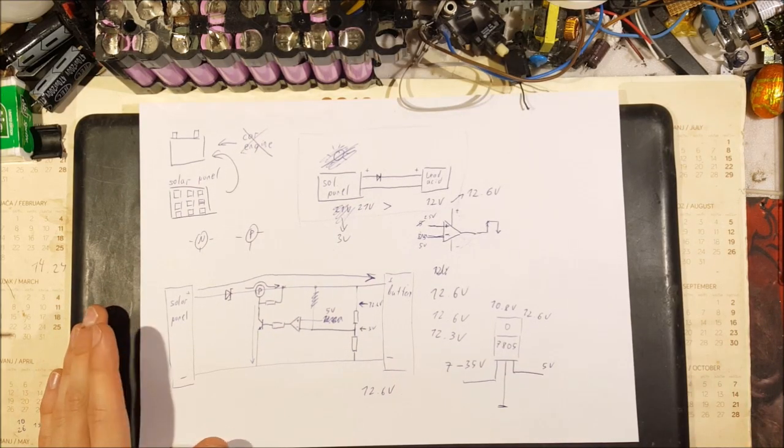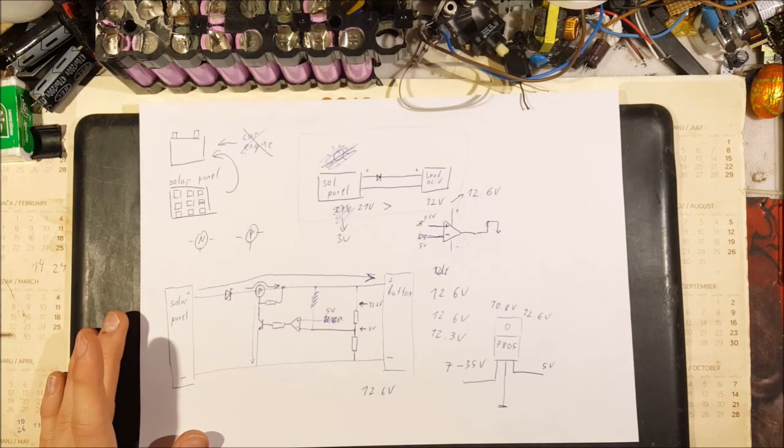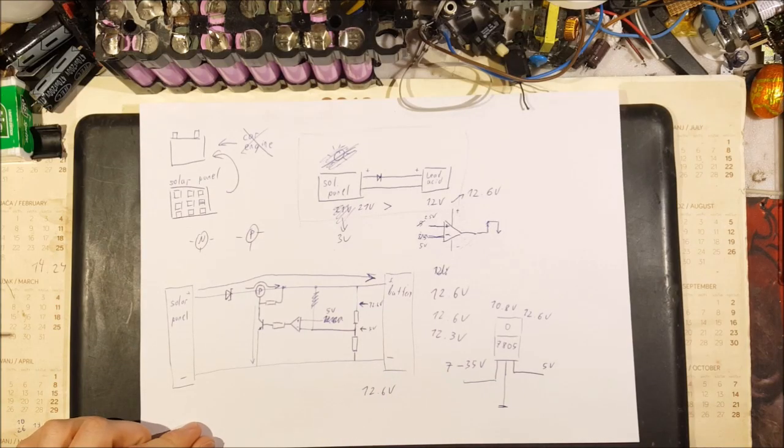Okay, now I want to add a red diode indicator to know when the battery is charging.